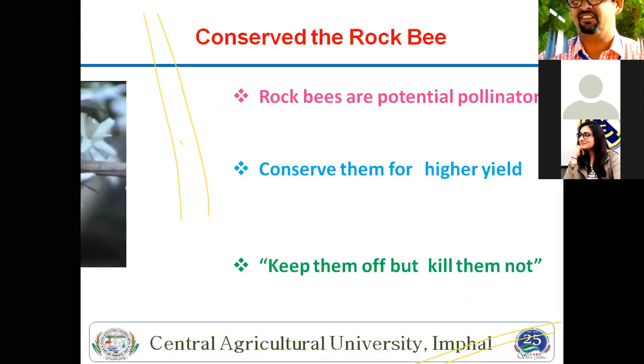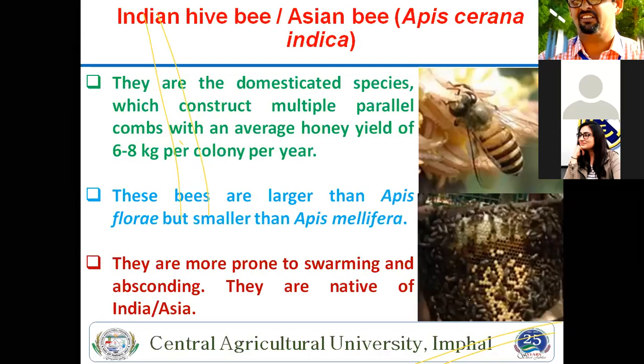This is also important. Another is the Indian bee, also known as Asian bee. I already told you that in these there are three subspecies. Apis cerana: Apis is the genus, cerana is the species. Under the species cerana there are three subspecies.